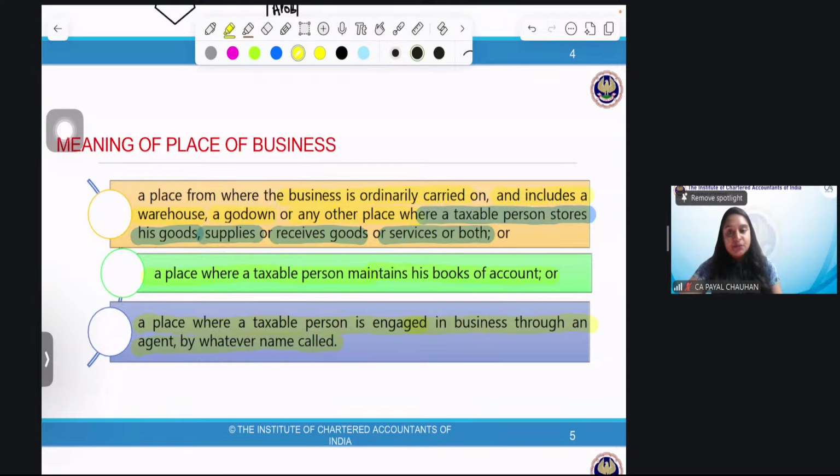If I ask you a question, write a short note on place of business, are you able to write it for 3 marks? You people got it? The first place where the goods are stored, the second place where the books are maintained, and the third, if I have an agent, the place of the agent will also be my place of business.